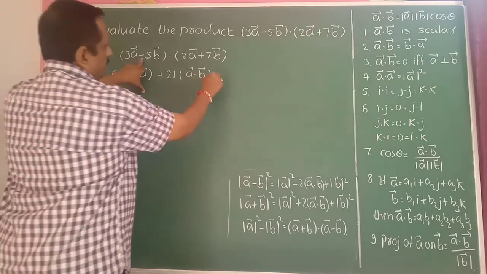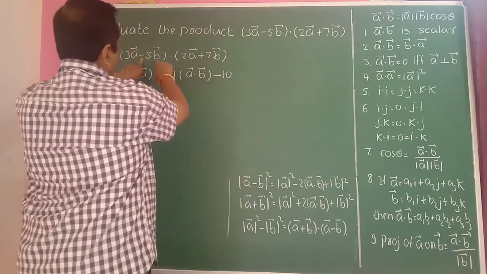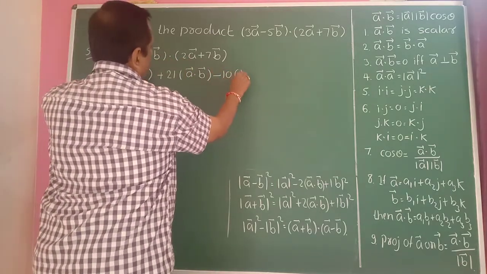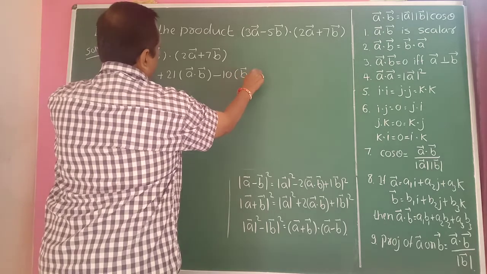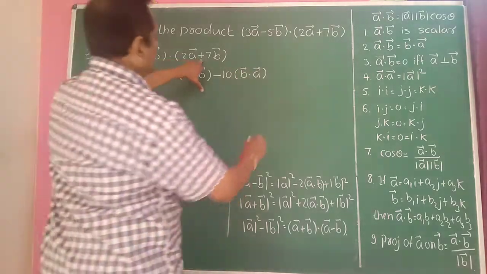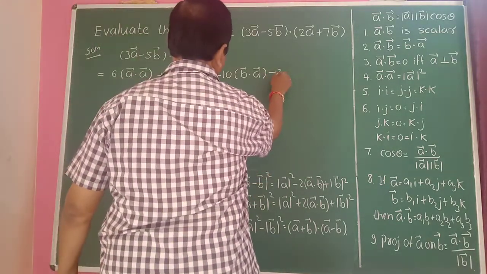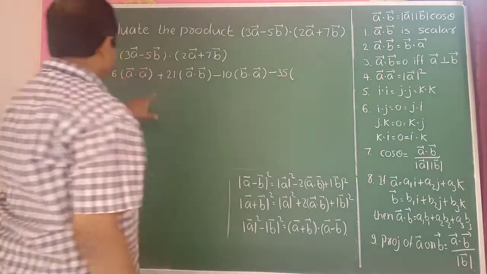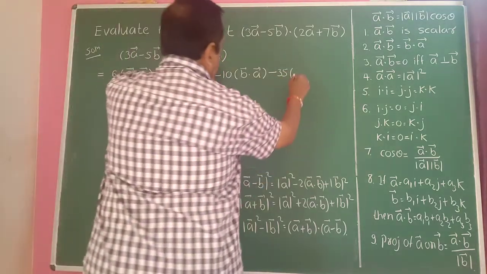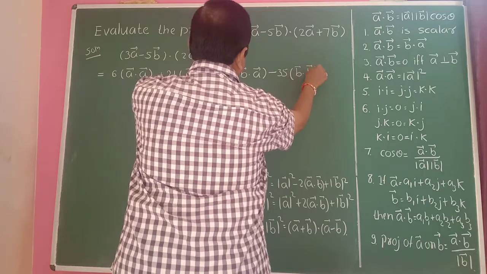Minus 5 2s are 10, so 10 B bar dot A bar. Minus into plus is minus, 5 sevens are 35, so 35 into B bar dot B bar.